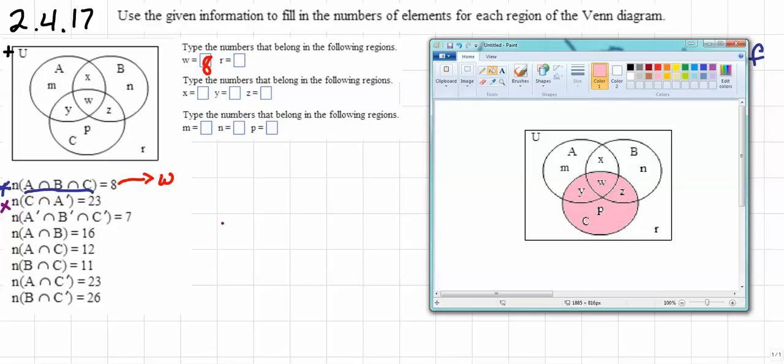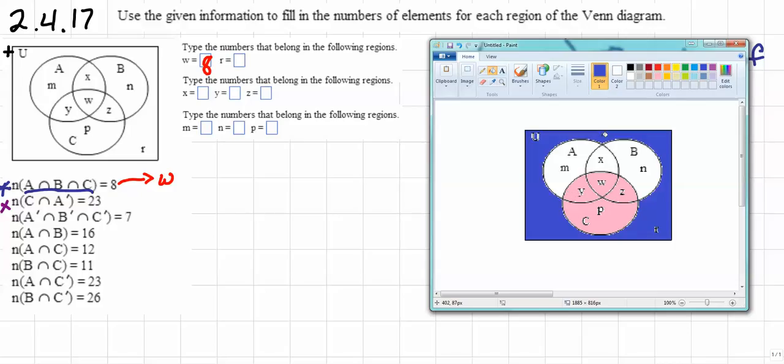And then we're going to talk about A complement. A complement is going to be everything that's outside of the circle A. Everything that's outside of A is going to be this, and this, and this, and this. But we're looking for the intersection of where it's pink and blue. And in this particular case, that's going to happen right here and right here.